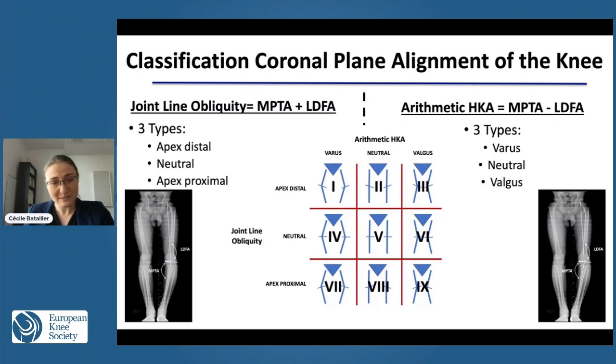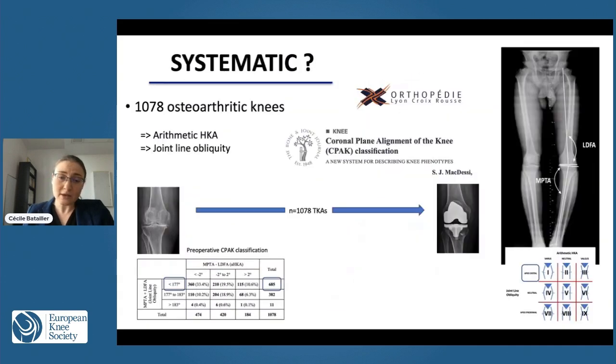For example, the CPAK classification describes the joint line obliquity and the knee alignment, and we assessed our knees with this CPAK classification in this study, for example, in more than 1,000 total knee arthroplasties.